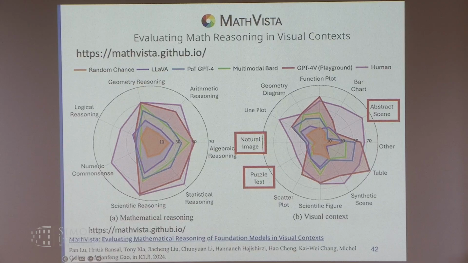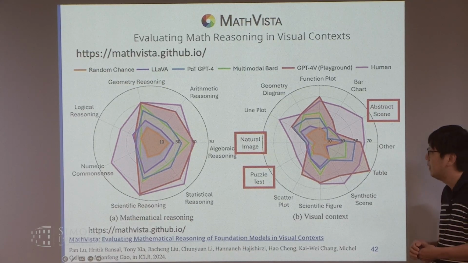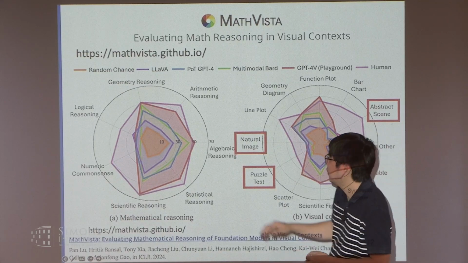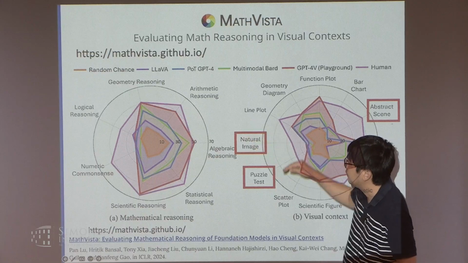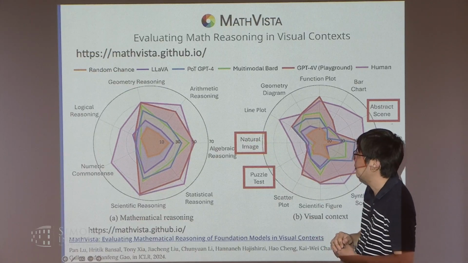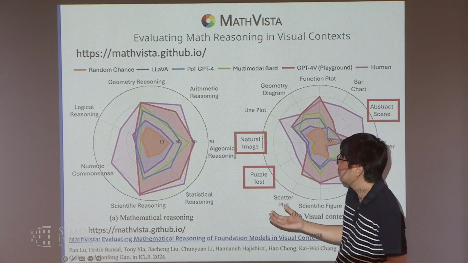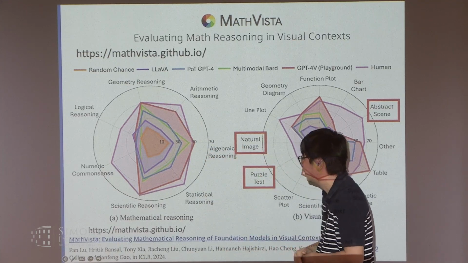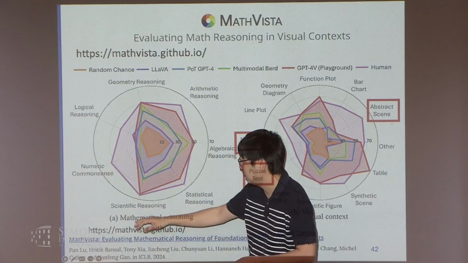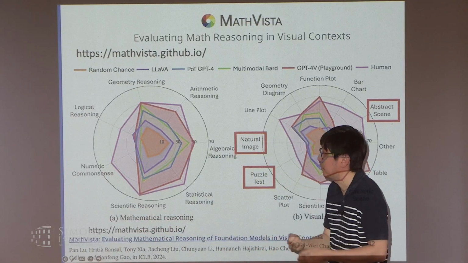More systematically, we compare human performance with model performance under different capabilities when they are trying to solve these math problems. On the left-hand side, we designed different reasoning skills that we think the model is required to have. To solve those problems, some need geometry reasoning, some need algebra reasoning, some need to understand statistics, and some need numerical common sense.